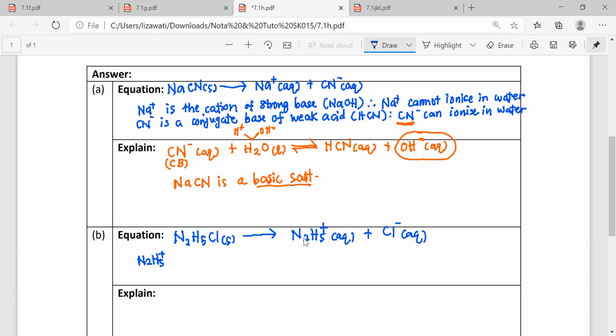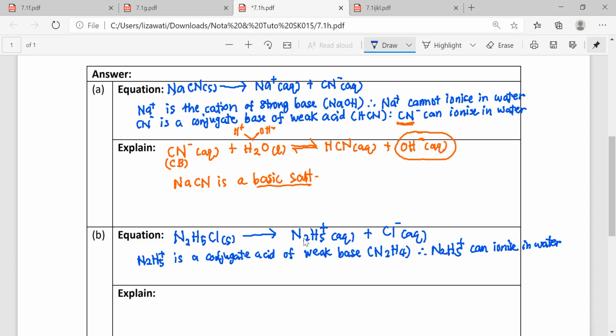N2H5+ is a conjugate acid of a weak base, that is N2H4. Therefore, N2H5+ can ionize in water.